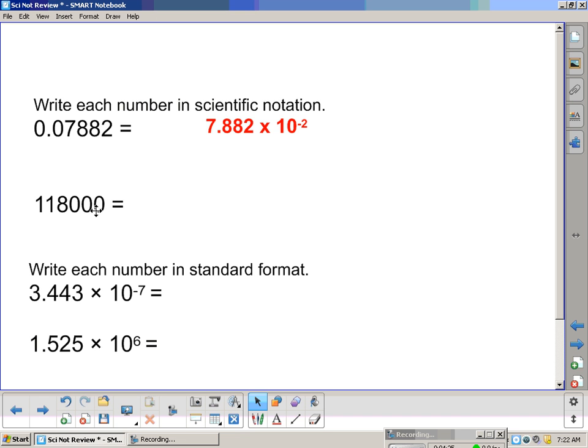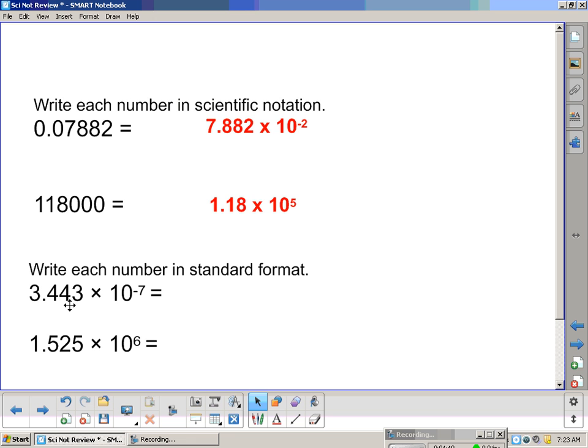We need it to have only one non-zero number in front of the decimal, so it's going to go right to here. You'll have 1.18 times 10 to the 5th, because we moved it 5 places, 3, 4, 5, and it's a positive exponent because we moved our decimal to the left, and this number is bigger than 1.